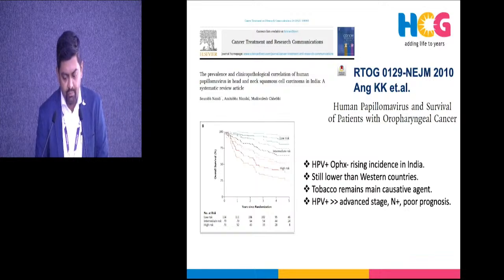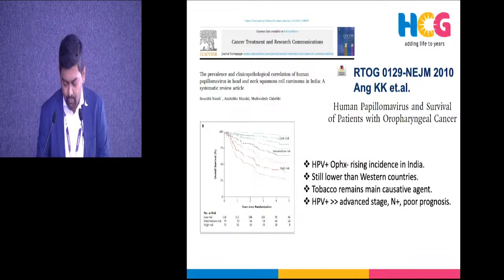Since tobacco remains the main causative agent, even if we have P16 positive, they are presenting in advanced stage, node positive, and eventually, in spite of P16 positive, not everyone has a good outcome. So we may not be seeing what has been seen in the West, the typical low risk, intermediate and high risk for P16 positive, because most of the time it is negated by the tobacco association.